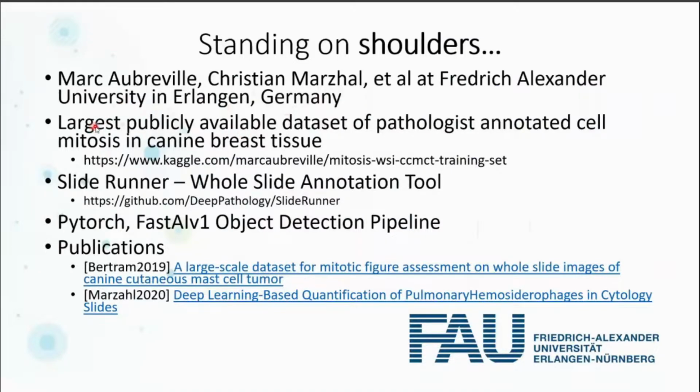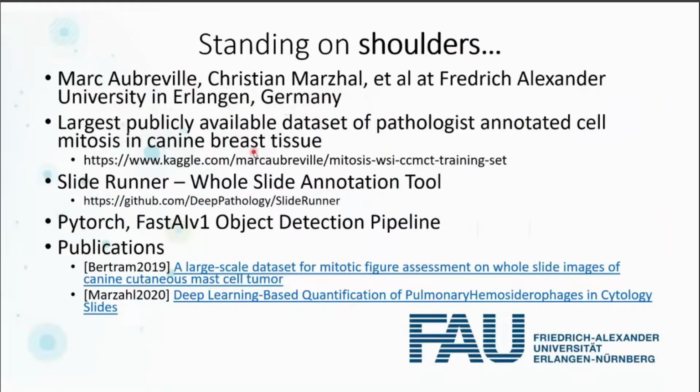But what Christian and Mark and the rest of the team there have produced is one of the largest publicly available datasets of pathologist annotated cell mitoses in canine breast tissue.